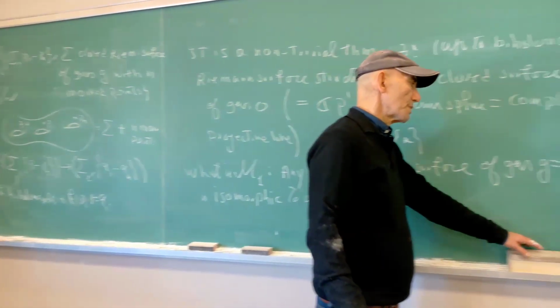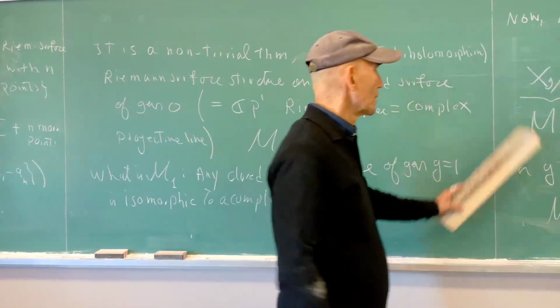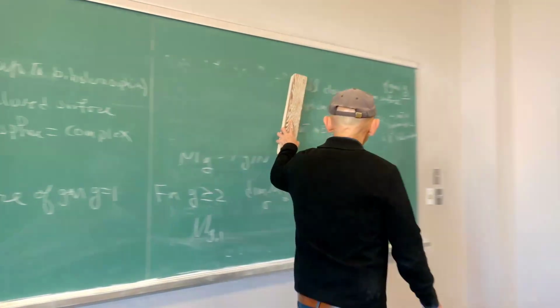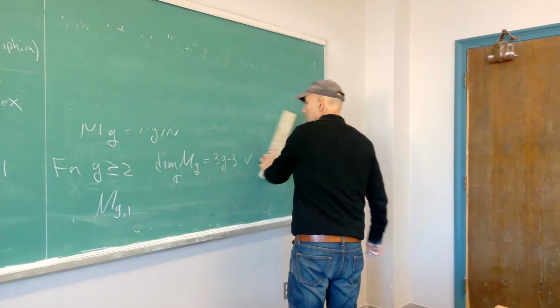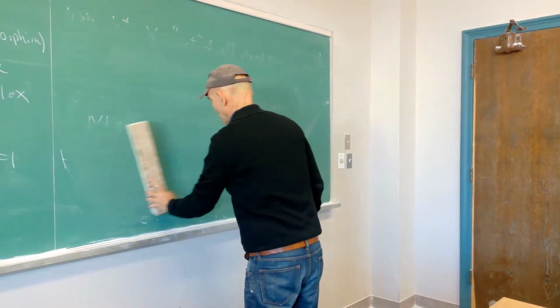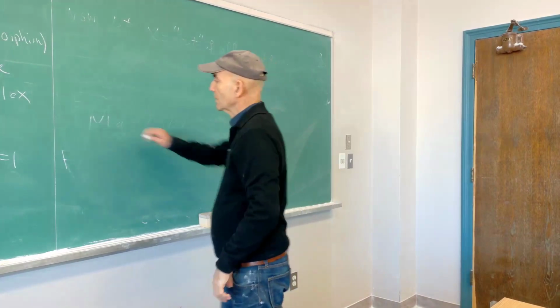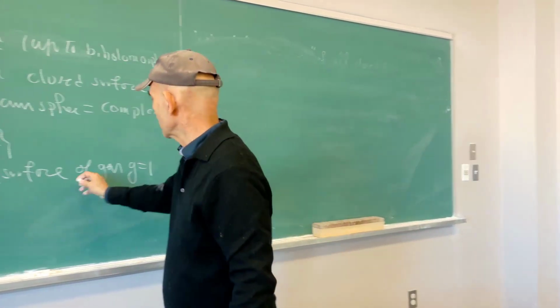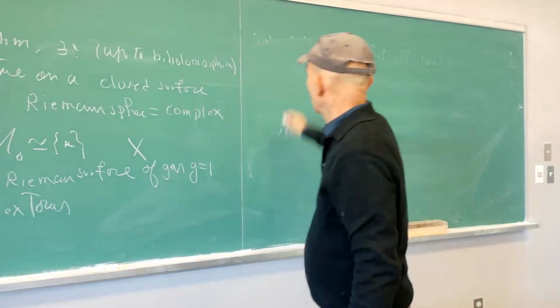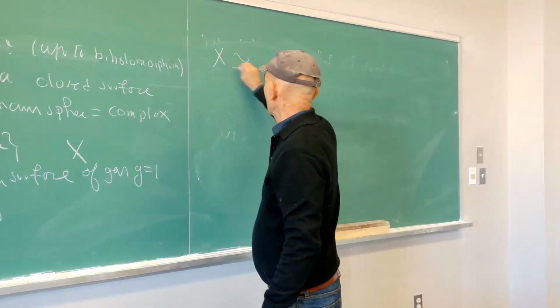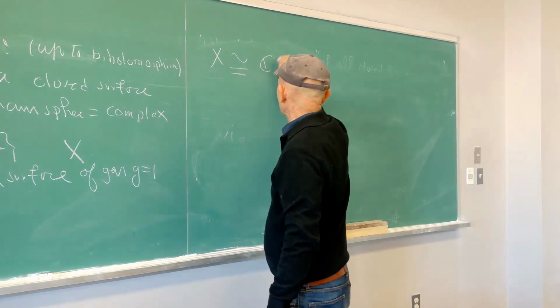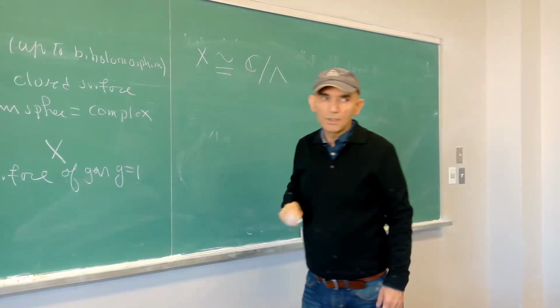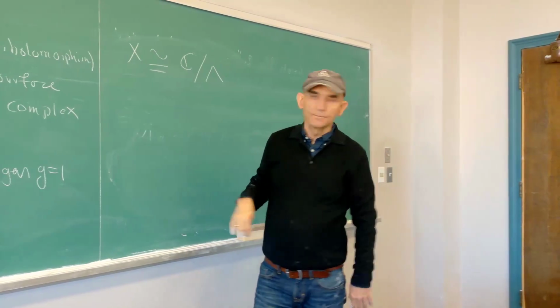So this torus X is isomorphic to C divided by lambda, where lambda is a lattice in the plane.